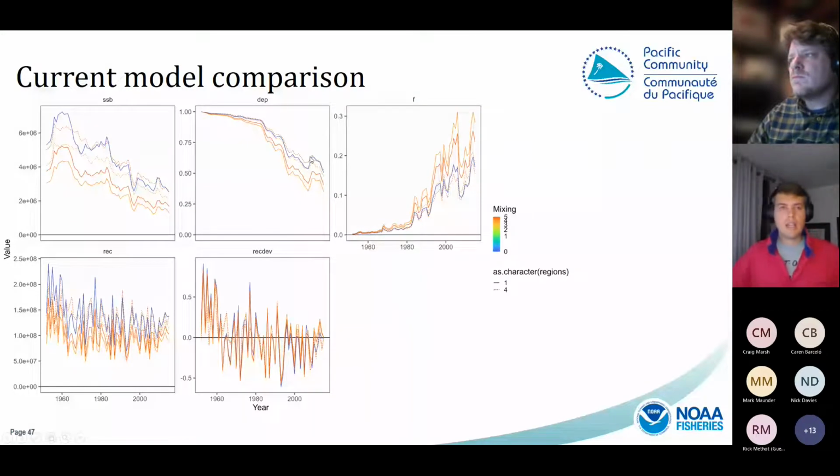And I think I forgot to add the slide in of the regional specific estimates. But I'll quickly describe it.